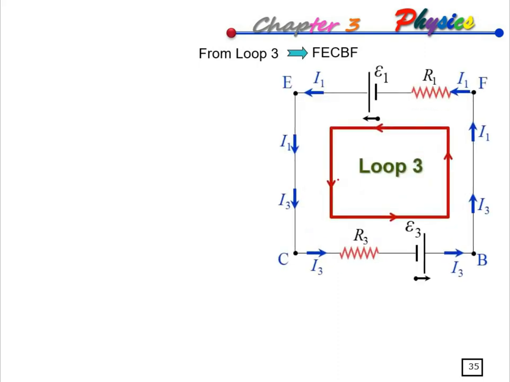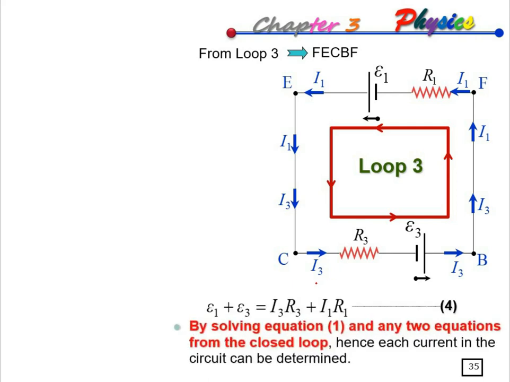Now the third loop, in the direction F, E, C, B, and F. We also have two resistors here, and two EMFs, EMF number 1 and EMF number 3. We develop the equation: the summation of EMF equals the summation of the product of IR.